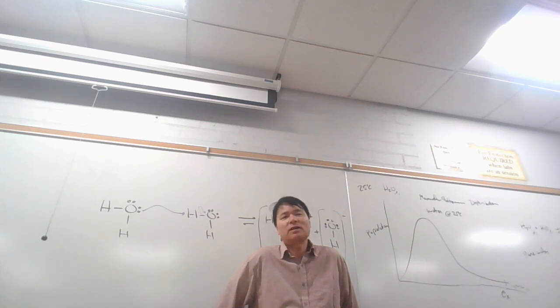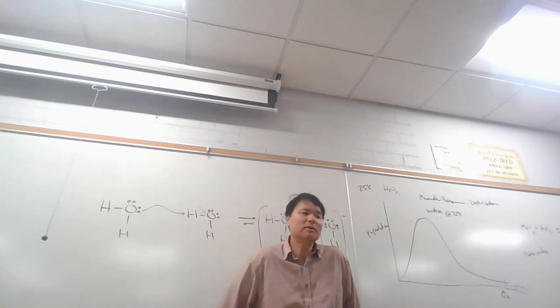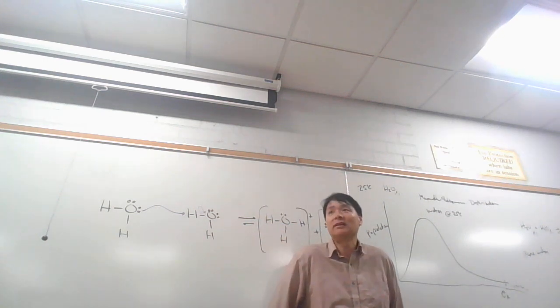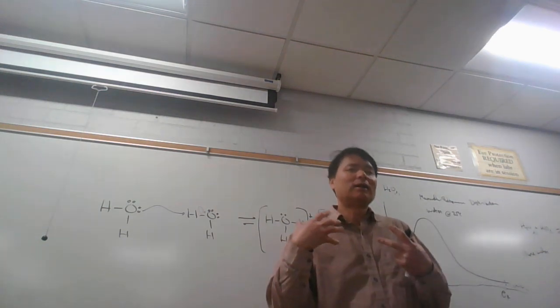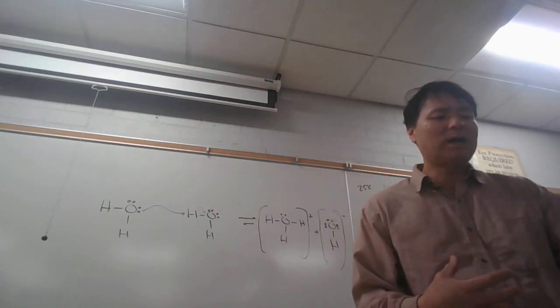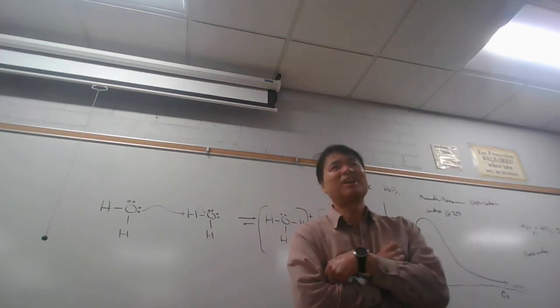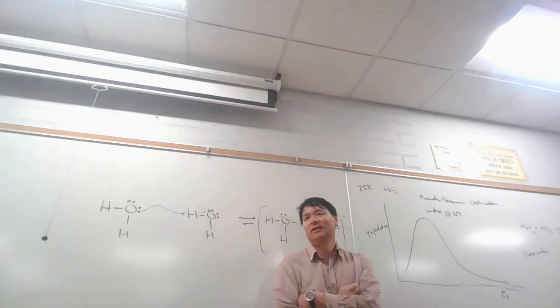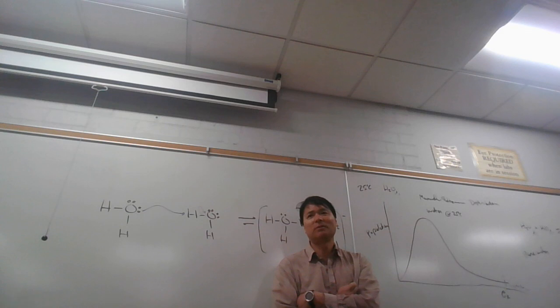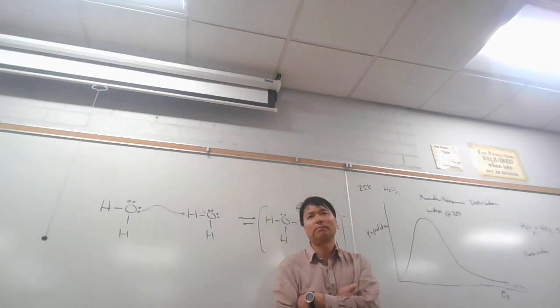There are different classification schemes for chemical reactions, but if you think about all the chemical reactions that occur in the universe, or just your body, can you count the number of chemical reactions that are happening inside your body right now? I mean, this is a huge number of chemical reactions happening.